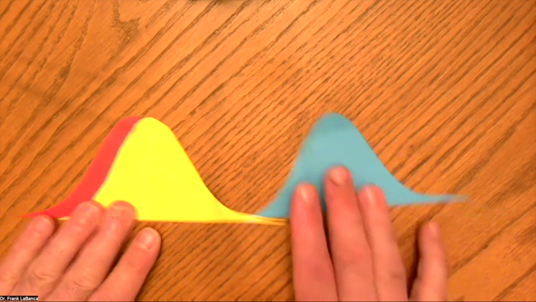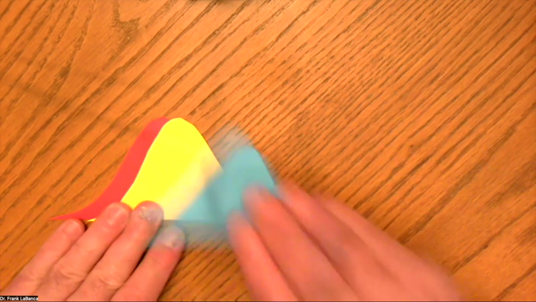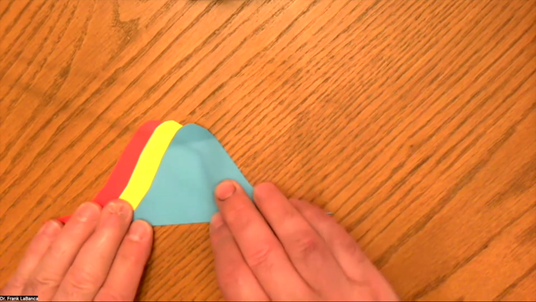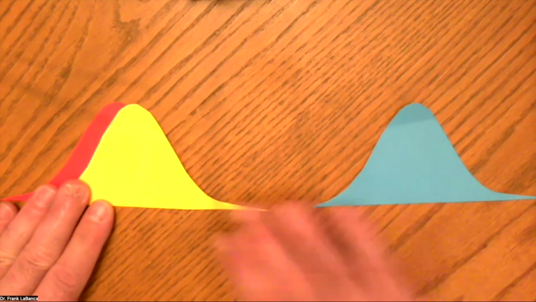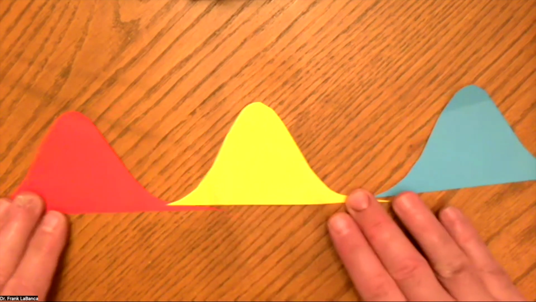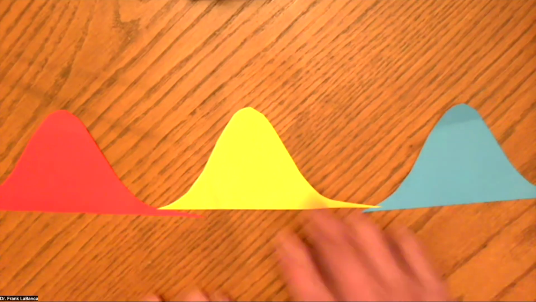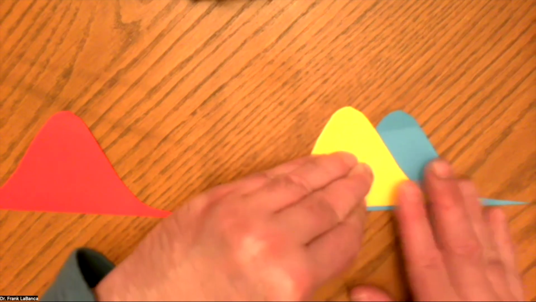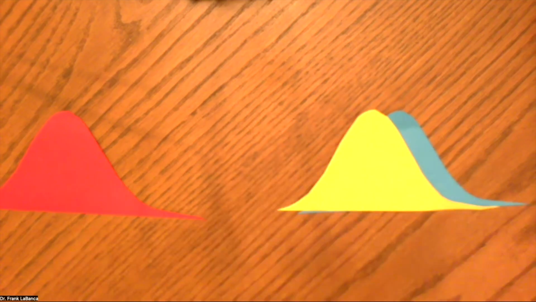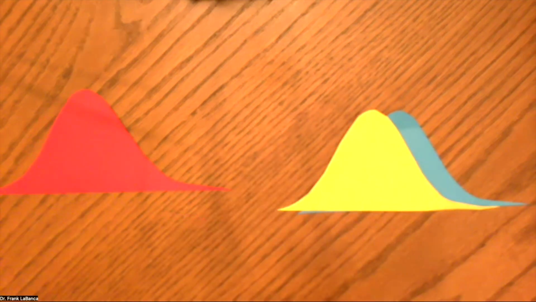So theoretically, this could be the case, this could be the case, this could be the case. It's all dependent. And this is just three levels.